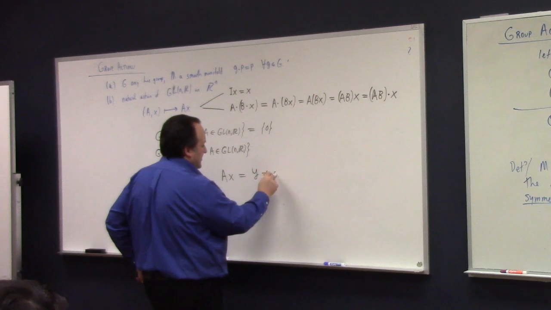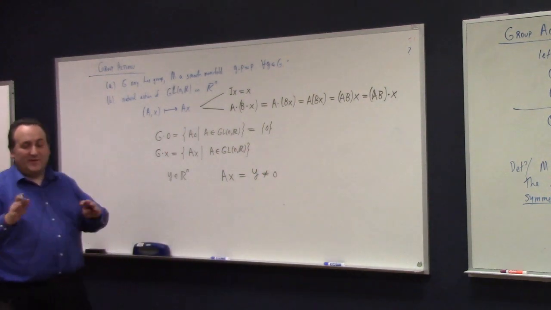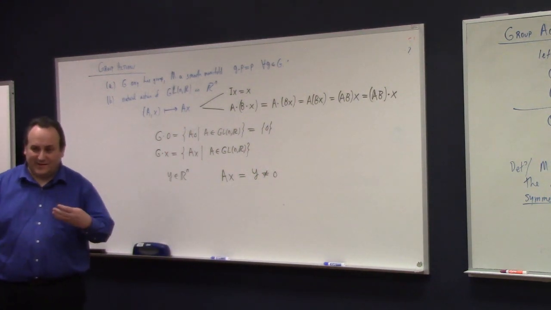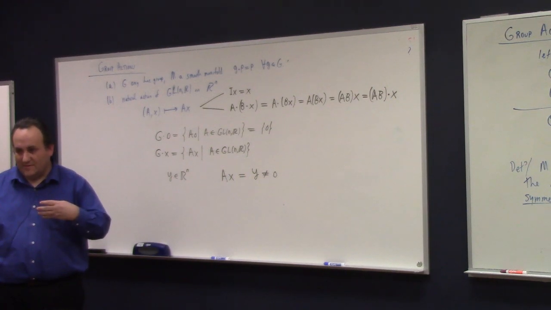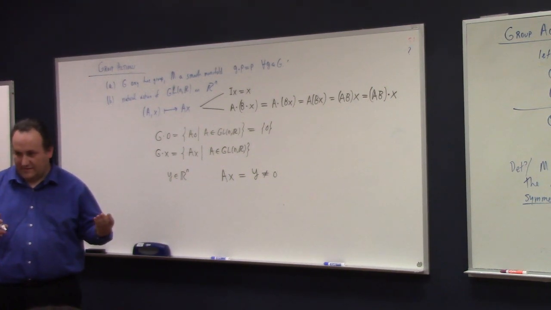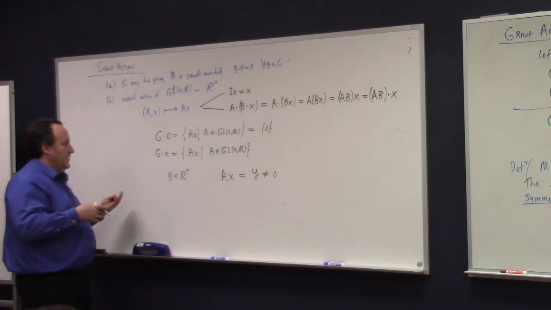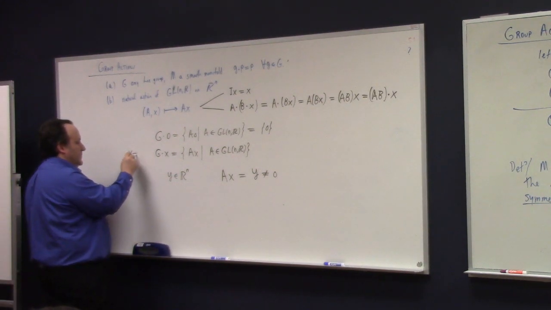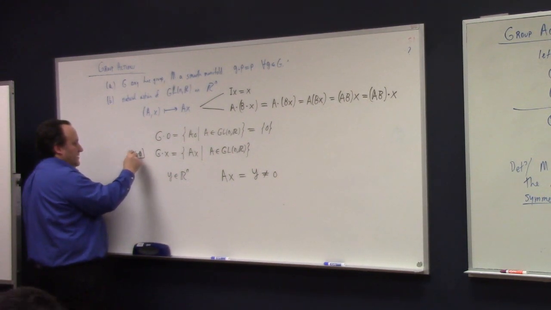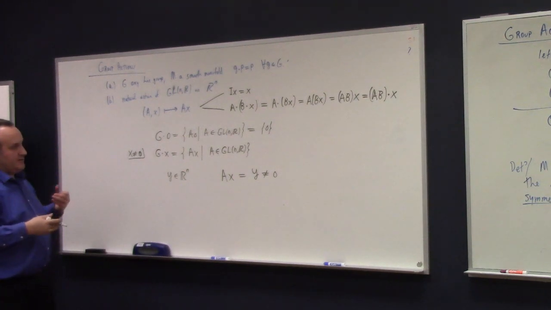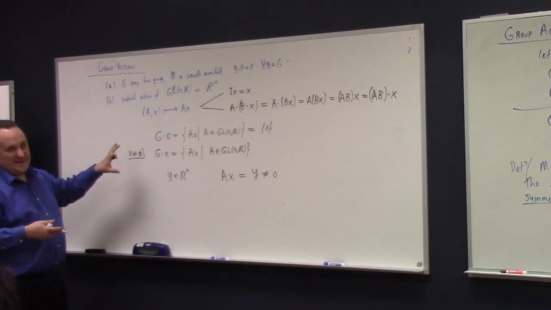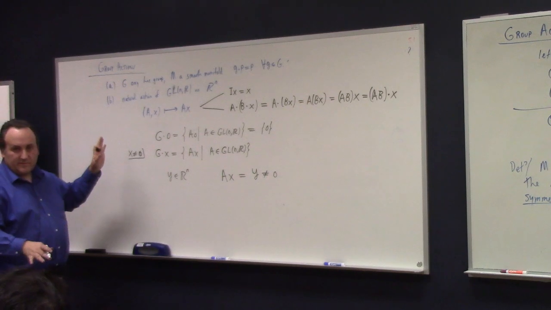Well, we can argue in 3 seconds why y is not equal to 0. Because if y was 0, that would imply x is 0 because A is invertible. But we're assuming x is not equal to 0, because the argument, if we believe John Lee, and we do, is that the orbit of any non-zero vector is everything else.